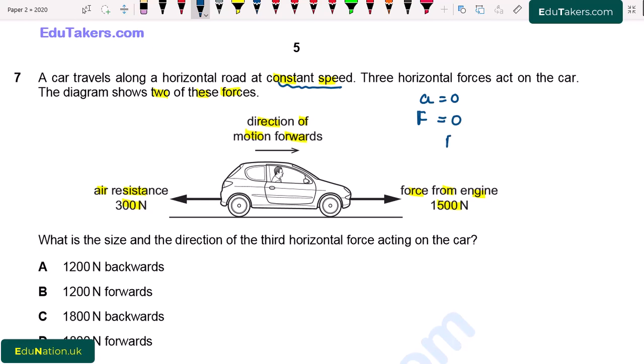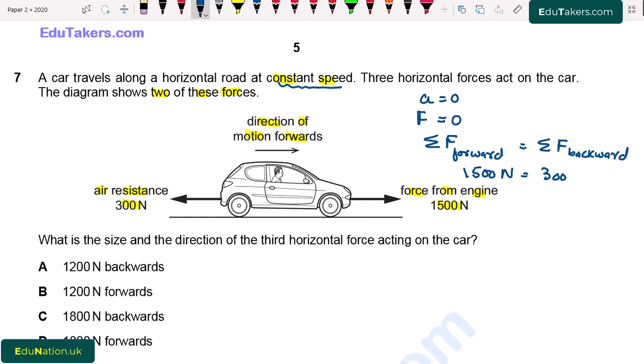I write here sum of forward forces is equal to sum of backward forces. So in the forward there is only one force, which is 1500 Newton, and in the backward direction there is a force which is 300 Newton. So both of these forces must be equal.